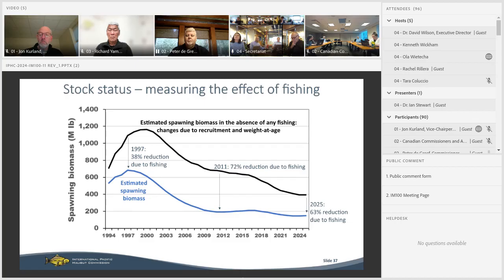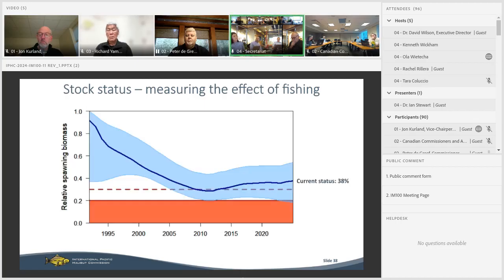Now the ratio of those two lines is what gives us the stock status. And so this graphic shows you the stock status as estimated in each of those years. And as I mentioned, we reduced the stock to the largest degree in 2011, where we now, looking backwards, estimate we may have been at or just below that 30% biomass threshold.